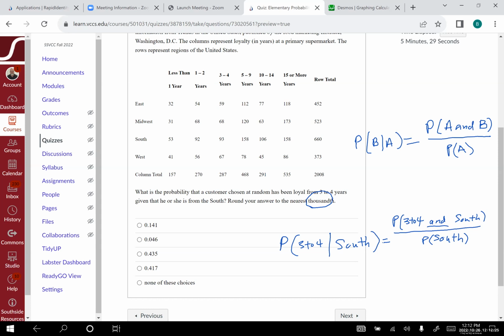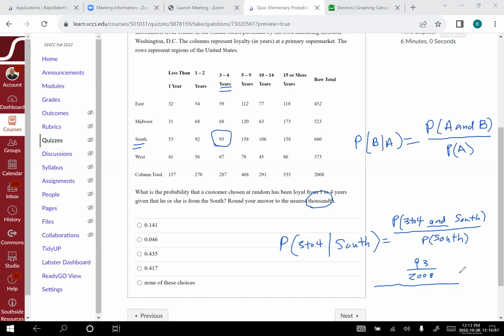It's right here. That's the intersection of the two. These are the people that are both from the South and have that 3 to 4 loyalty years. So there's 93 people. We know that's over 2008. We also know that the bottom is going to be over 2008 too, so it'll cancel.